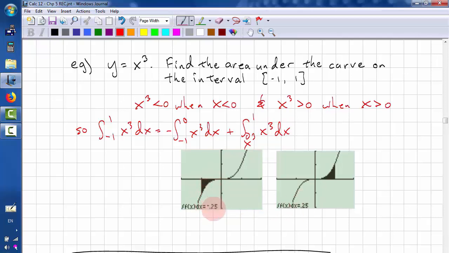Remember, area always needs to be positive, and here we're just taking the positive integral. Okay, so we're just doing a numerical example here, and we have minus -0.25 plus 0.25, and that gives us positive 0.5. Okay, so that's just giving you an overview of what we're trying to do.